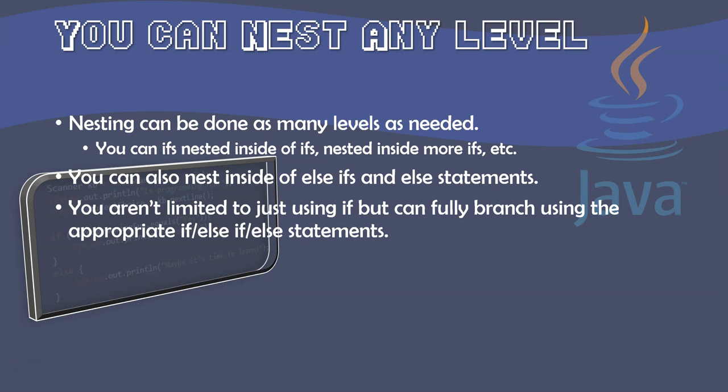You aren't just limited to using if either. Notice in our example we had just a nested if, but you can fully branch using the appropriate if, else if, and else statements. So you could have a whole other set of conditionals inside of that. And you don't necessarily need an if, an else if, and an else on the topmost level. You can have just an if on the topmost level, and then your nested statement could have 15 different branches, for example, because maybe it only needs that first one to trigger, and then it branches out to a bunch of different things.